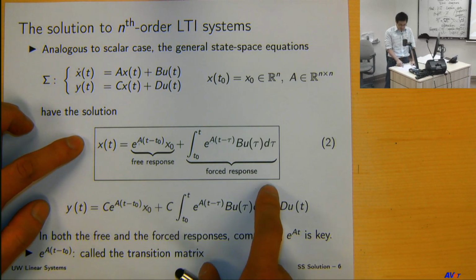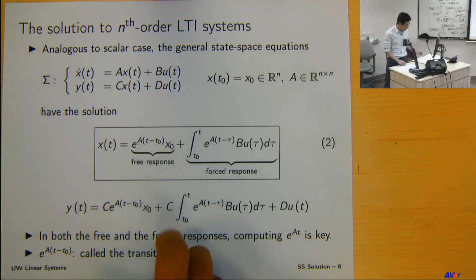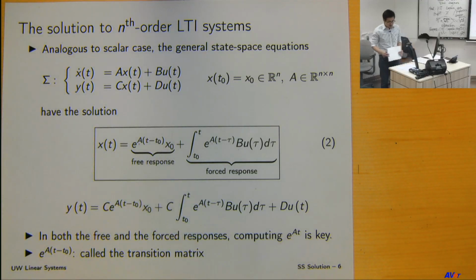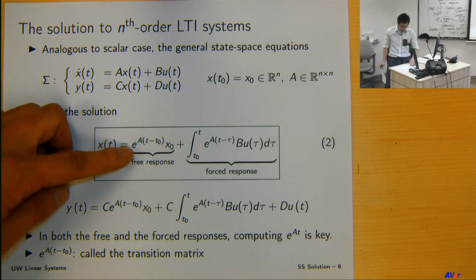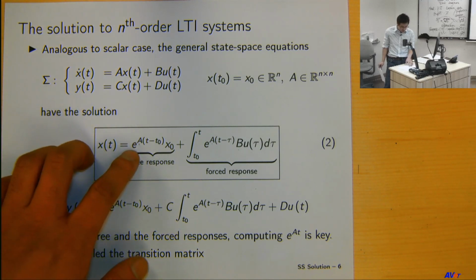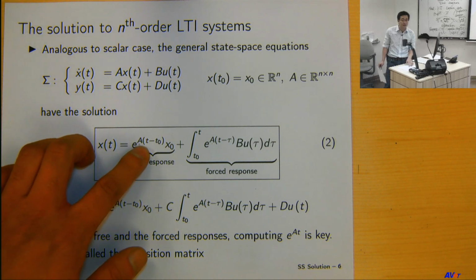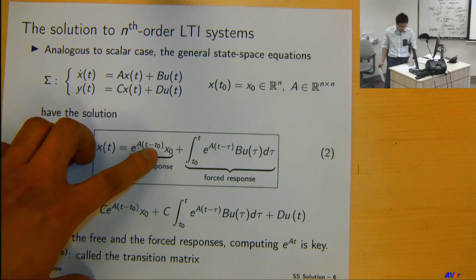So this is the formula. It's the same structure as the scalar case, but it's very different in how it's computed. The key elements here are these exponential functions. So it's an exponential function to the power of a matrix times a scalar time.